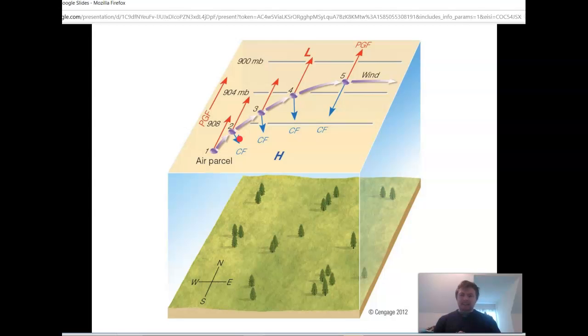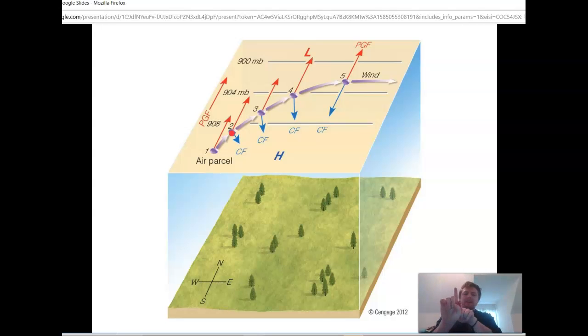The second thing is that the faster your winds are, the stronger your Coriolis effect is going to act. So imagine I have a pressure gradient force and I start with some air at rest. That air is going to slowly speed up in the direction of the pressure gradient force.